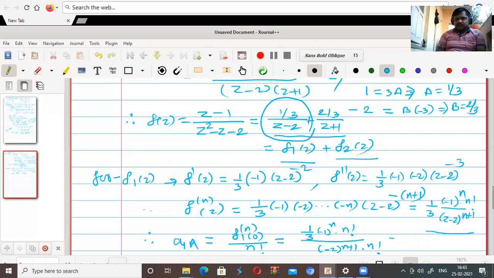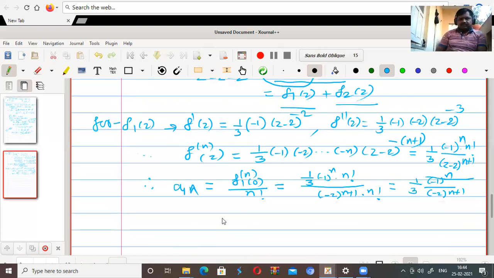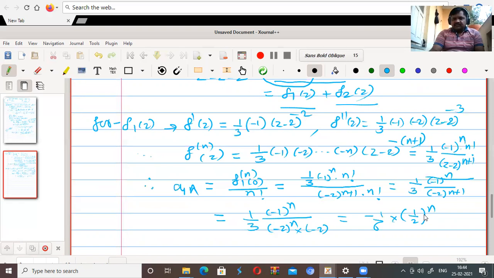So this becomes 1 by 3 into (minus 1) to the power n divided by (minus 2) to the power n plus 1, which is equal to 1 by 3 into (minus 1) raised to n upon (minus 2) to the power n into minus 2. So can I write it as minus 1 upon 2 into 3, that is 6, into (minus 1) to the power n upon (minus 2) to the power n. You can write this as minus 1 by 6 into 1 by 2 to the power n.